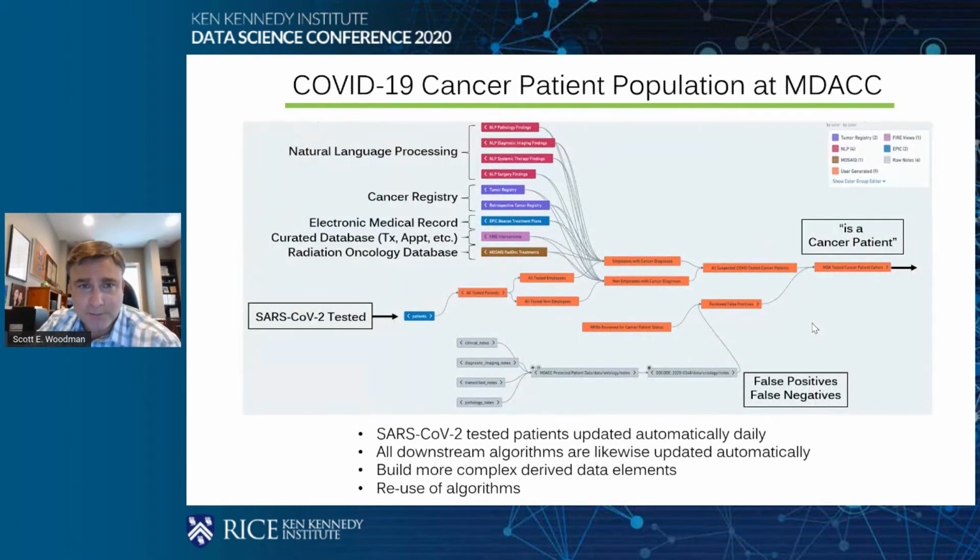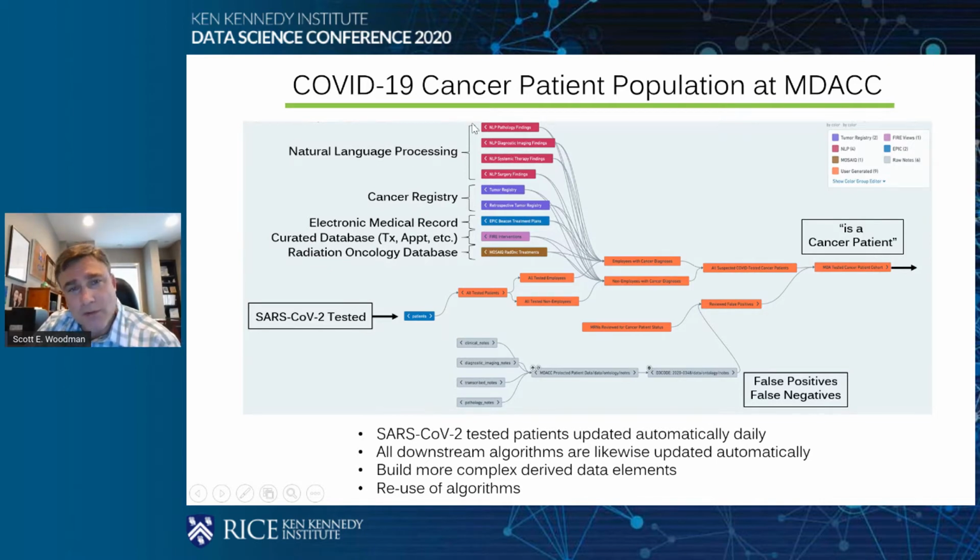And so I just want to point out that the tools that we've built in order to do this allow us to, first of all, get daily updates on who has been tested. That's here on the left. And then we come up with who is a cancer patient, because, believe it or not, at MD Anderson, just having a medical record number doesn't mean that you're necessarily a cancer patient. We do screening and all kinds of other medical cancer-related things.